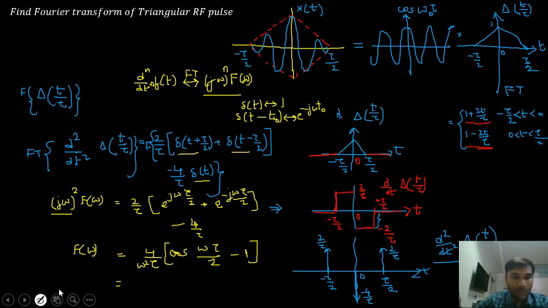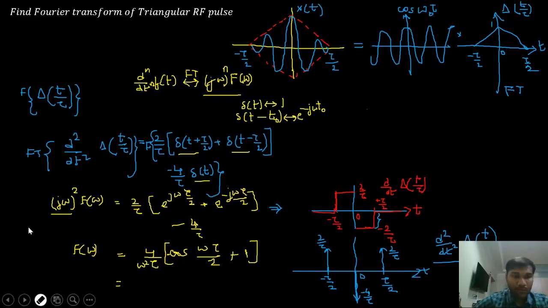Okay, negative sign I'll just put it inside. So 1 minus cos of omega tau by 2 is equal to 4 by omega square tau into 2 sine square omega tau by 2, right?